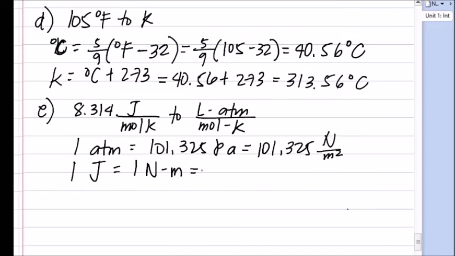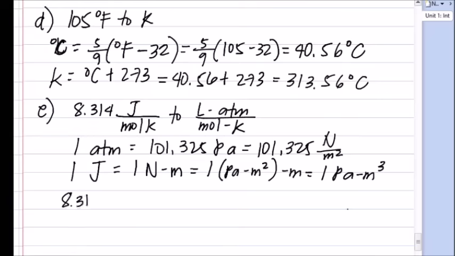Pwede natin siyang gawing yung Newton magiging Pascal square meter na naka-multiply pa sa meter, or simply magiging Pascal cubic meter. So, parang sinasabi natin na yung joules is Pascal cubic meter. Now, i-convert na natin. We have 8.314 joule, gagawin na natin Pascal cubic meter over mole Kelvin.